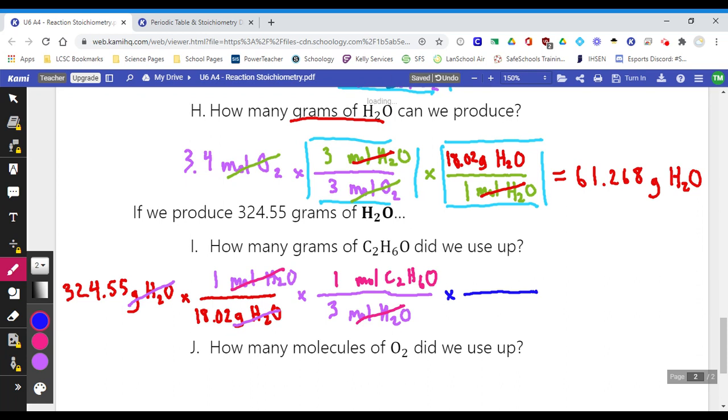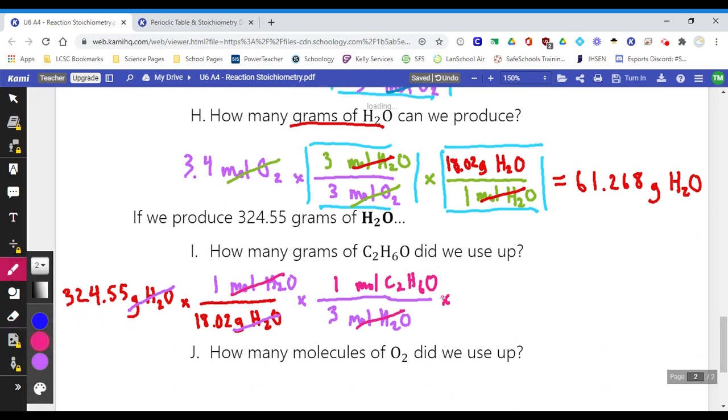So the unit I'm trying to get rid of, let me keep with my color coding, getting ahead of myself. I'm trying to get rid of moles of C2H6O.